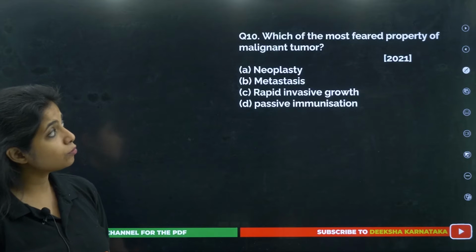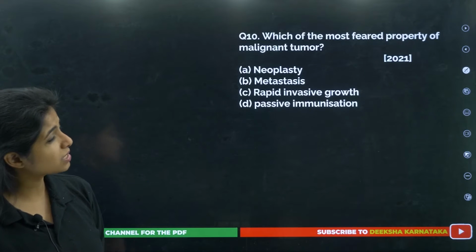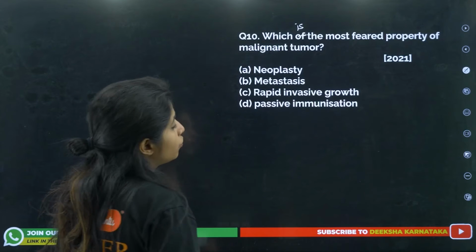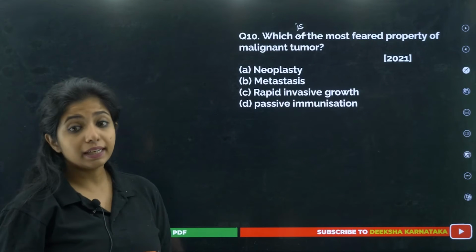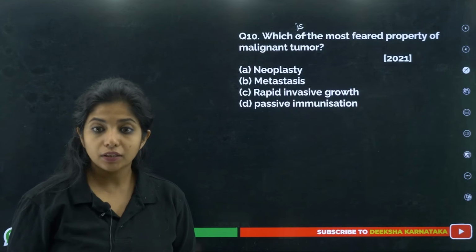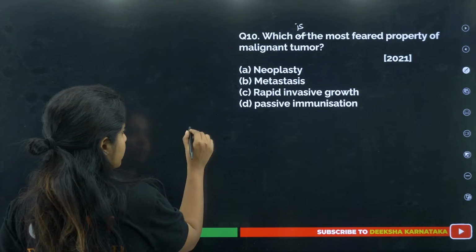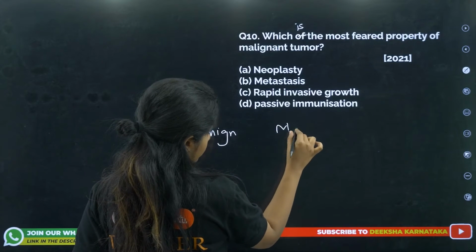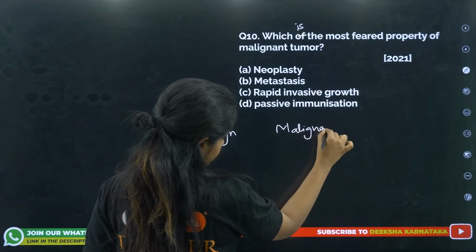Next, which is the most feared property of a malignant tumor? So, there are 2 types of tumor. One is benign and the other one is malignant.